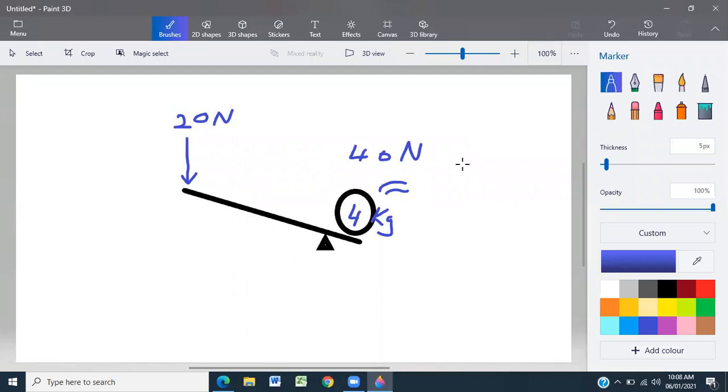The way we quantify this advantage, the ratio, is by dividing the load that we need to lift, the 40 newtons, by the effort we put in, the 20 newtons.